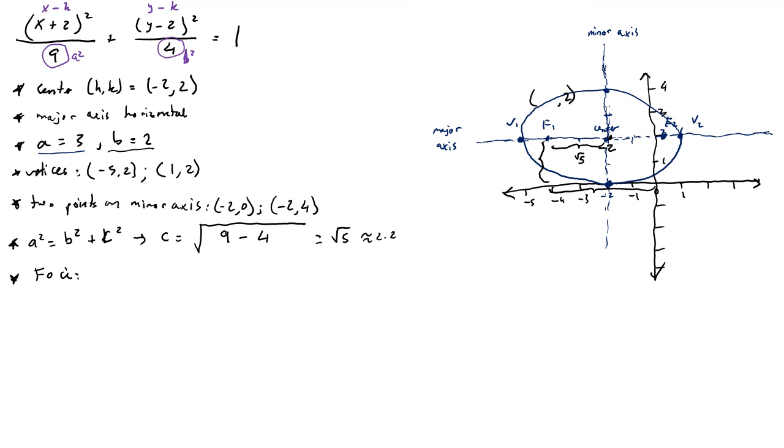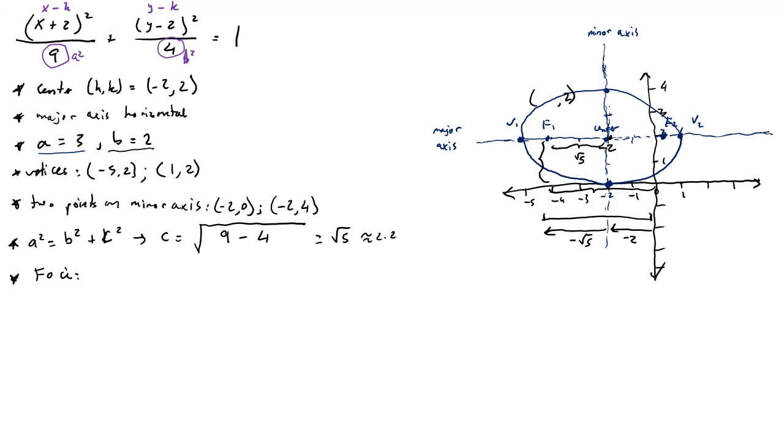So I know this is going to be something comma 2, and that something is this distance right here. What I do know is from here to here is -2, and then I have to go another negative square root of 5 to the left.